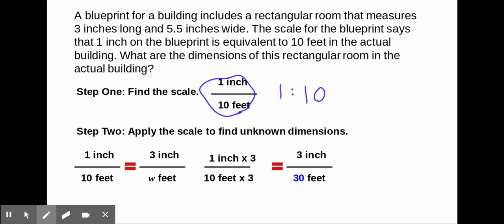And so that's what we have going down beneath here. 1 inch equals 3 inches, 10 feet equals unknown number of feet. Again, notice how when we lay it out here, inch over feet equals inch over feet.